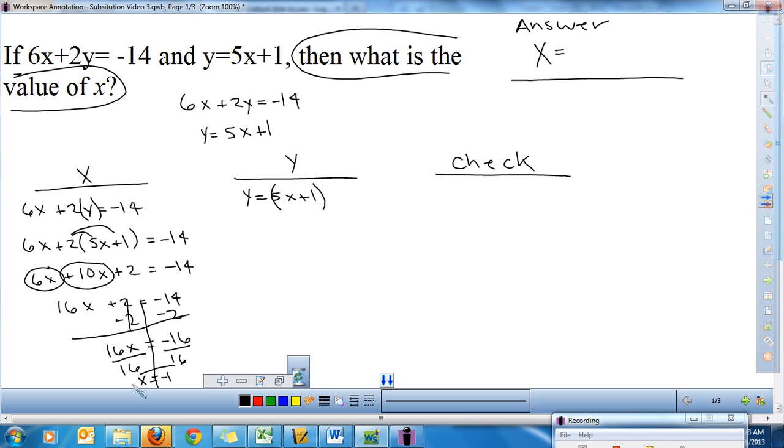And I get that x equals negative 1. Alright, right now I could go up here and write x equals negative 1. But the chances that I made a mistake are there, and in order to truly make sure that this is the correct answer, you should go ahead and very quickly figure out what y is and check your solutions. That's going to ensure that you have the right answer. So I'm going to still find y. I'm going to substitute in x.